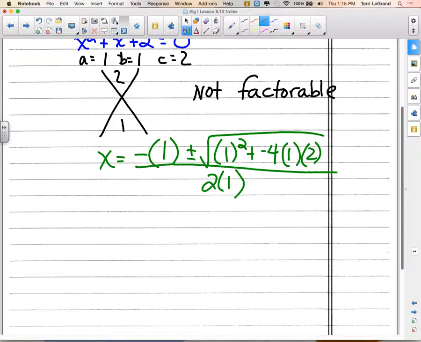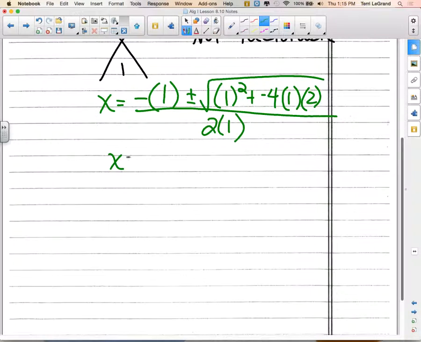Now x equals, the opposite of 1 is negative 1, plus or minus the square root of 1 squared is 1, plus negative 4 times 1 times 2 is negative 8, all over 2 times 1 is 2.